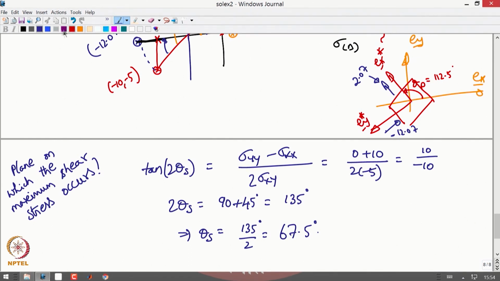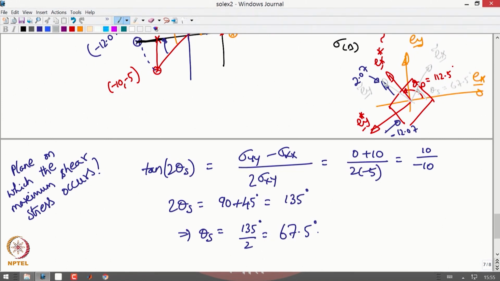To represent this maximum shear stress, with the same orientation with respect to the original stress square, 67.5 is somewhere here. This will be E x tilde wherein the maximum shear stress occurs, and this will be E y tilde, and this angle is theta s, which is 67.5 degrees.